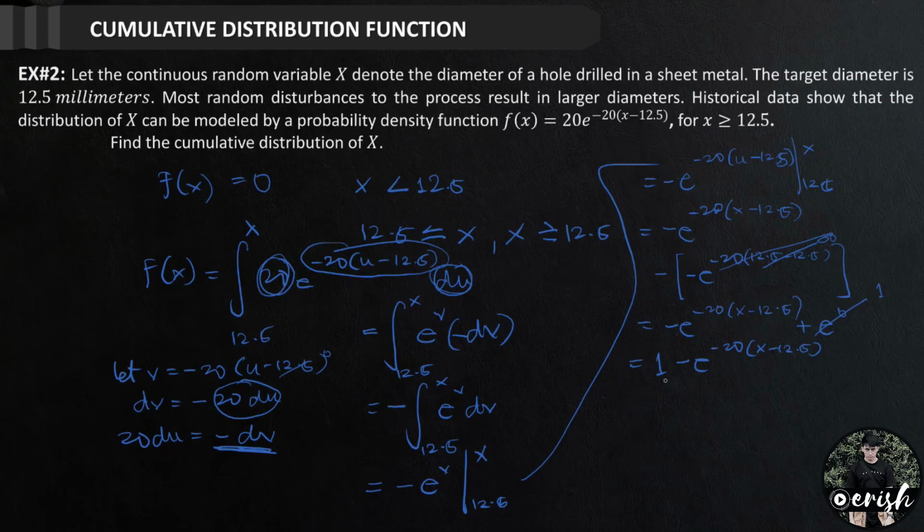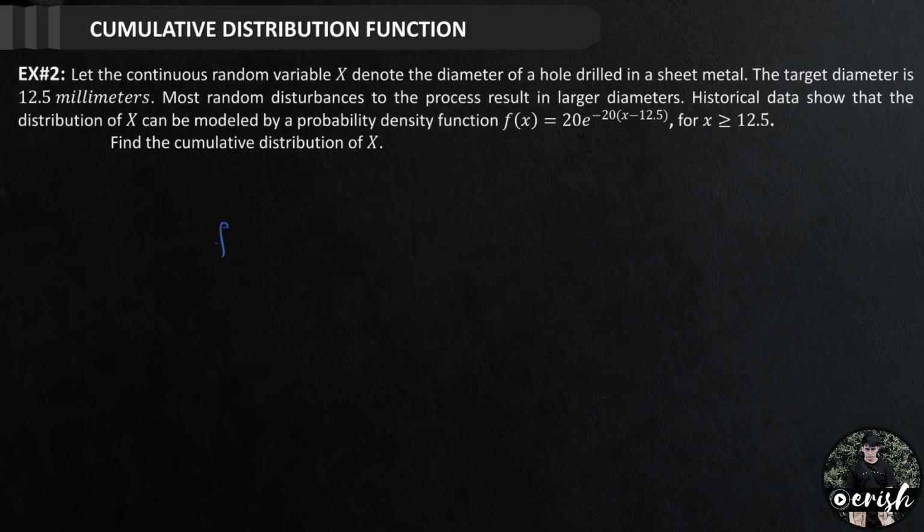Ito yung ilalagay natin sa cumulative distribution function natin. And this is for this equation here, 12.5 less than or equal x. Let's proceed to the next page. We have F of x equals, starting from 0 to 1 minus e raised to negative 20 times x minus 12.5.